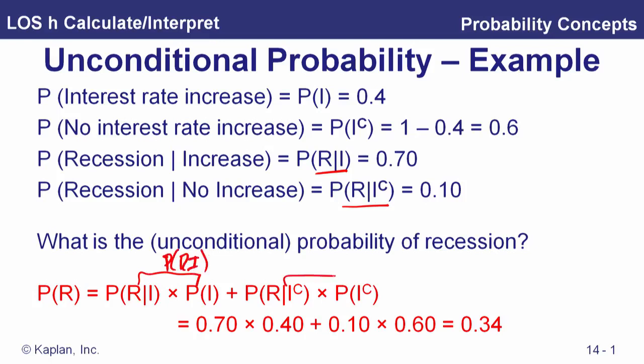This gives us the probability of recession and no increase. Add them together, our 28% and 6% gives us 34%. So that's our unconditional probability of a recession. So if we have no information on whether there's an interest rate increase or not, we say the probability of recession is 34%.